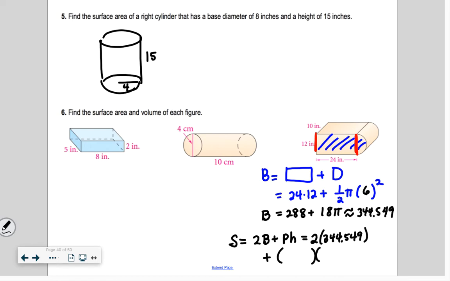It's not 24 actually. The height is the distance that separates the two bases. Oh, 10. It's going to be 10, yeah, this is the height. So our height, which is between the two bases, is 10.